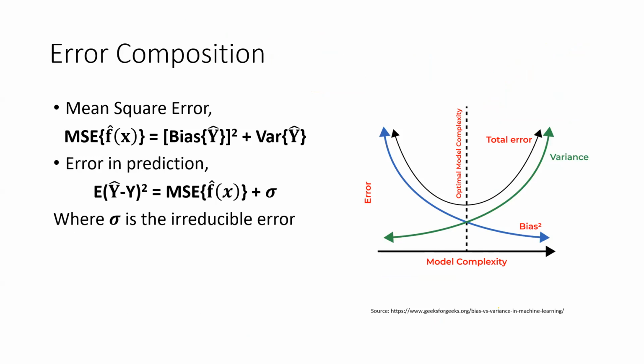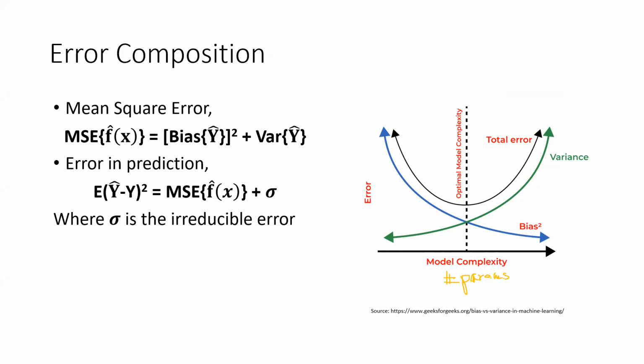If you try to represent it graphically, you can say that when the model complexity is increasing, according to what we have learned, model complexity may be related to the number of beta parameters.